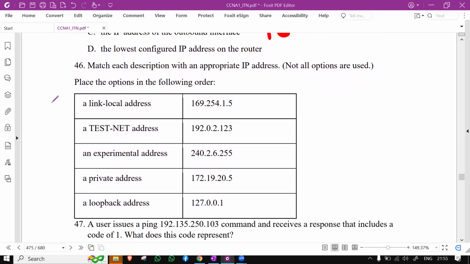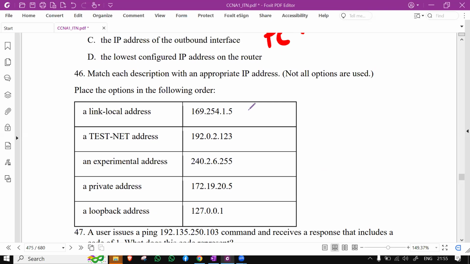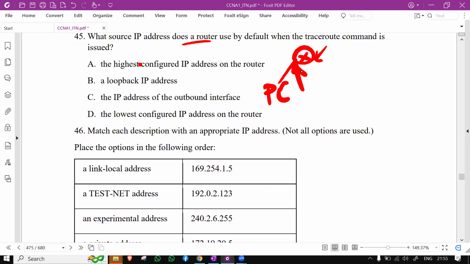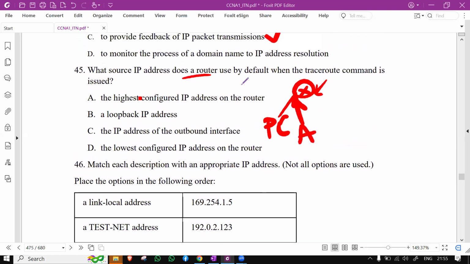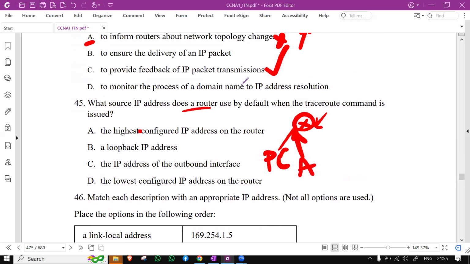Match description with an appropriate IP address. Okay, they already matched depending on where you are standing. If I'm standing with PC1, what is this interface A? Outbound from local communication. Exit interface.